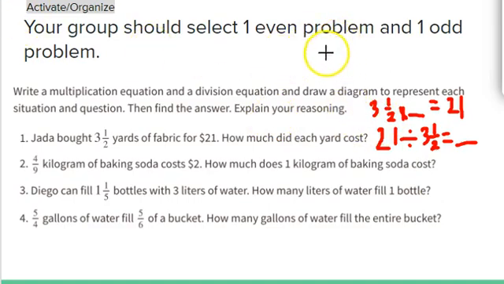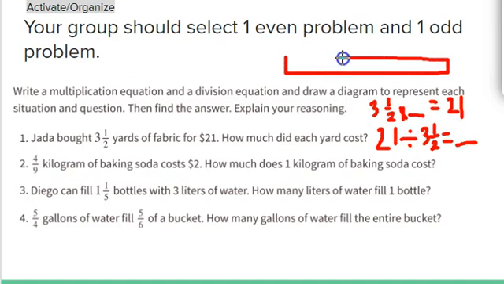So if we think of it in terms of a diagram, it's going to be something less than 7, right? Because 7 times 3 is 21. So it's got to be less than 7.